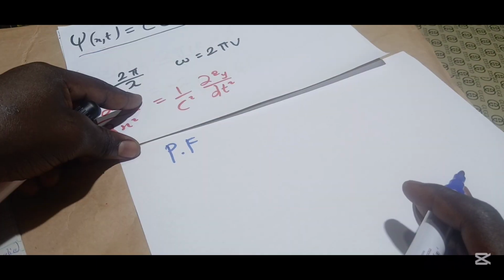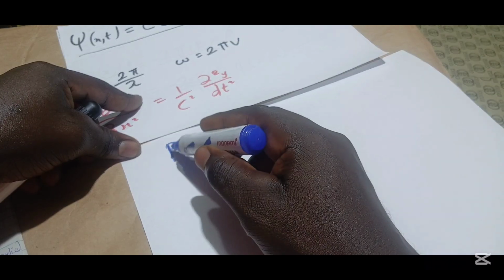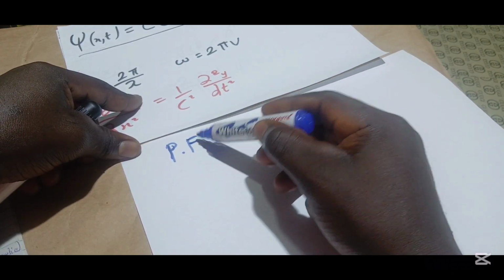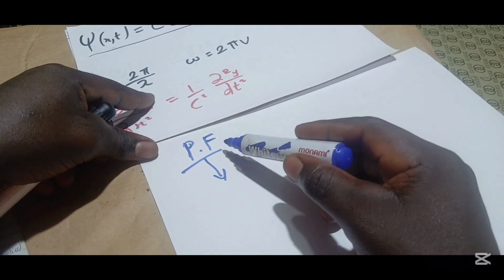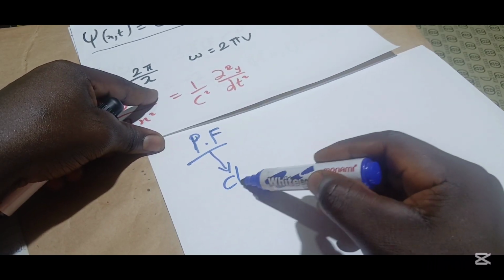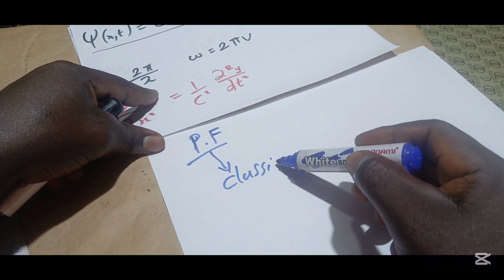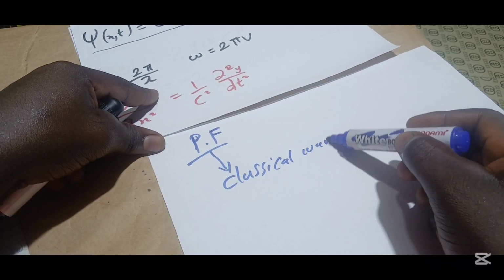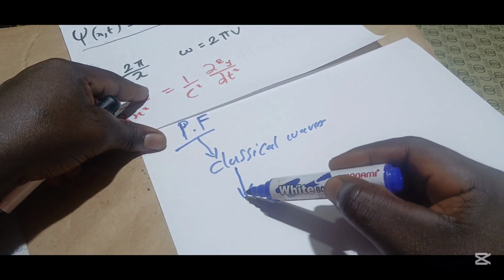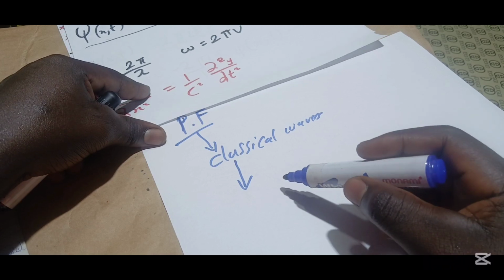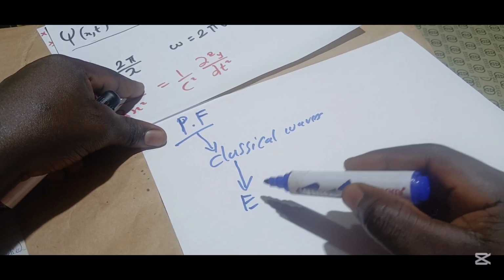Let me elaborate on this a little bit. We have periodic forces, giving us the disturbance that produces classical waves, and from classical waves, a specific type of classical wave is the electromagnetic wave.